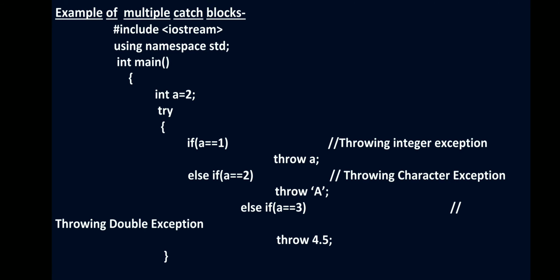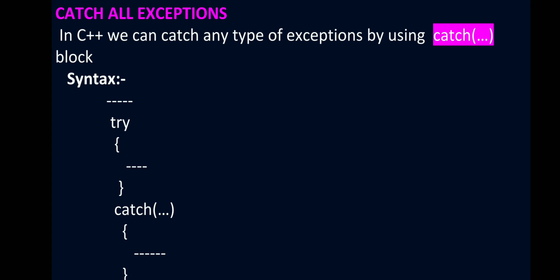The catch block contains 3 dots instead of the exception type. If you have seen this general form, the catch block here contains 3 dots. So whatever type of exception is thrown from the try block will be caught by the catch block.